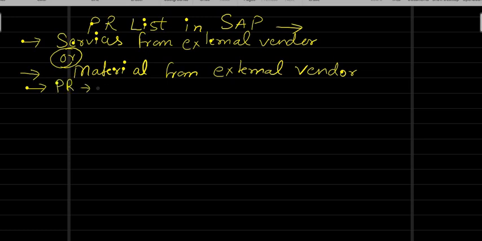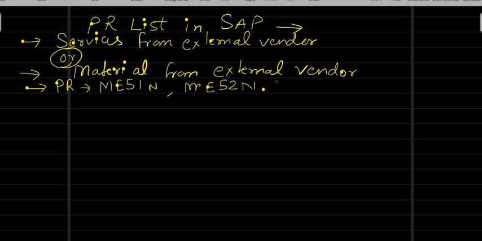The PR is created using transaction code ME51N. If you want to edit that PR, ME52N is the transaction code. How to create and change the PR, we have already uploaded in a tutorial.